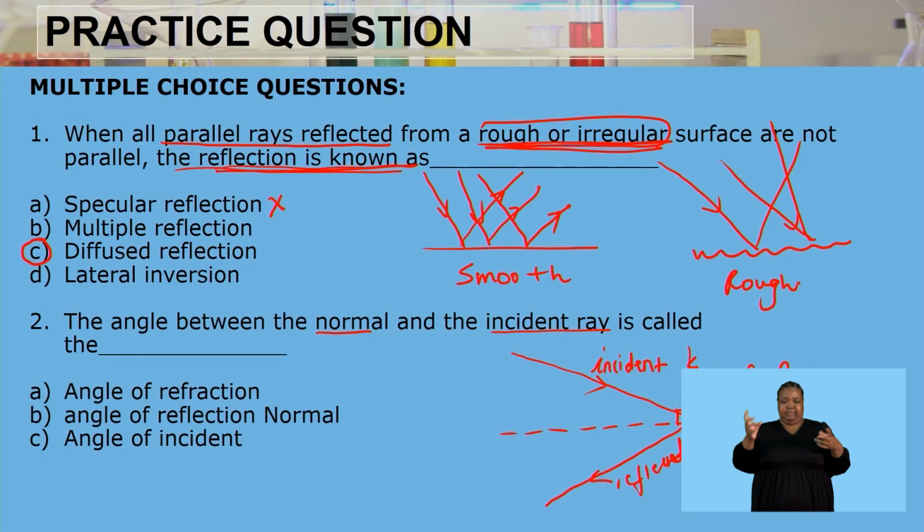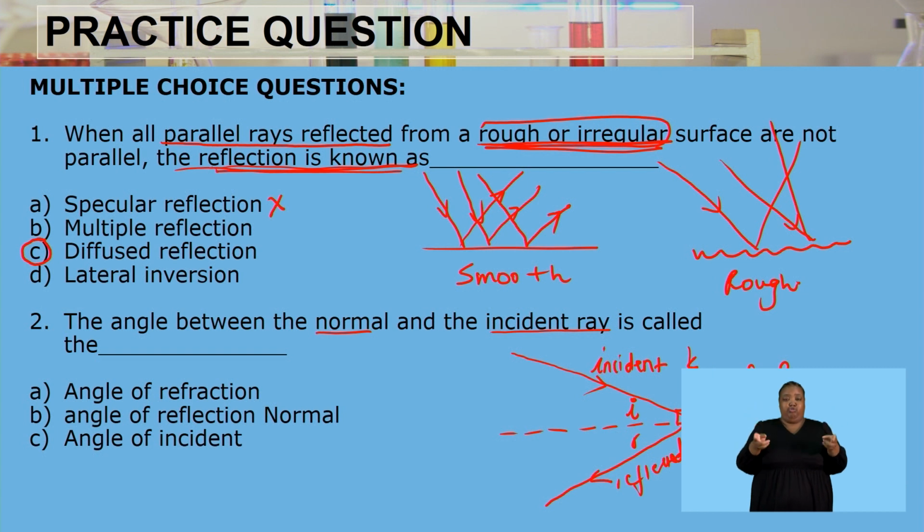The angle of incidence is found between the normal line and the incident ray, and our angle of reflection is found between the normal and the reflected ray. Now remember that those 2 angles are equal. The angle of incidence and the angle of reflection are equal. So the angle between the normal and the incident ray is called the angle of incidence.